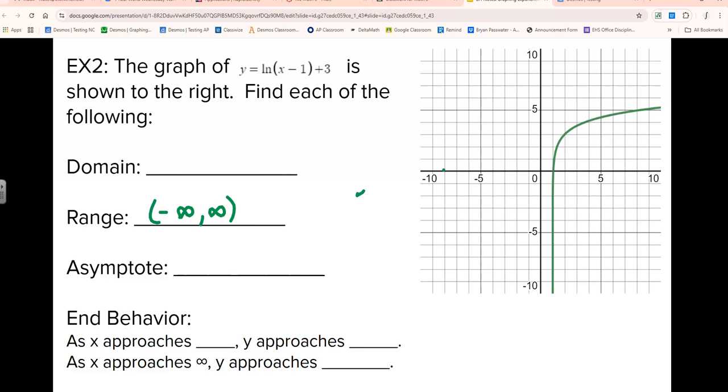Hector, what did you get for domain? Okay, 1 to positive infinity. I like that. That looks good. This particular graph has a horizontal asymptote. Richard, what did you get for the horizontal asymptote? Oh, I'm sorry, I said that backwards. This particular graph has a vertical asymptote. What did you get for the vertical asymptote on this graph?